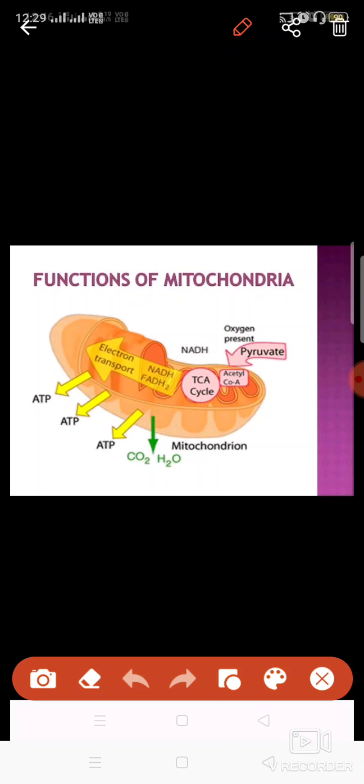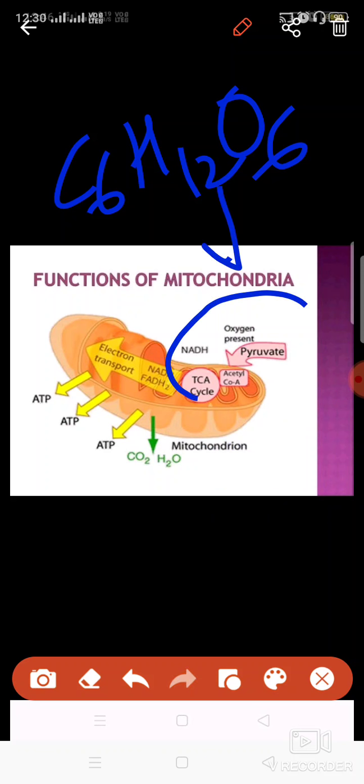Now you see there is glucose, C6H12O6, which comes into the mitochondria. As I told you, this outer membrane is semi permeable. Then this glucose is oxidized. First of all, it is converted into pyruvate.